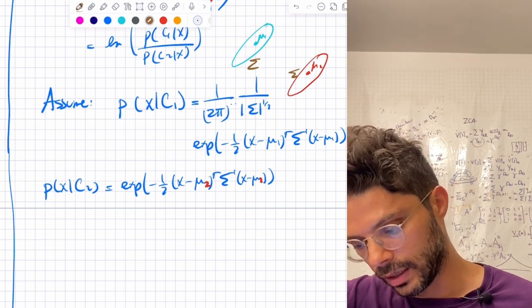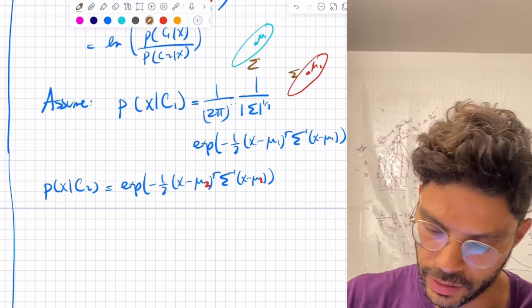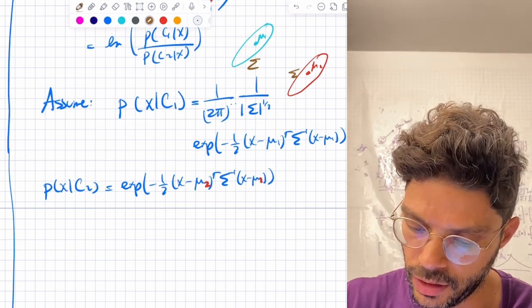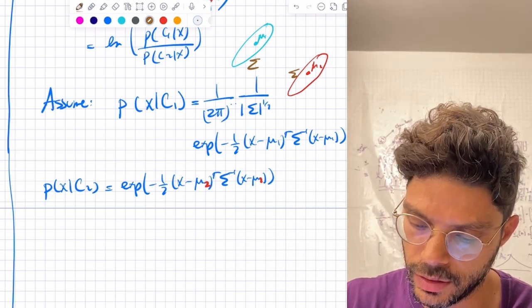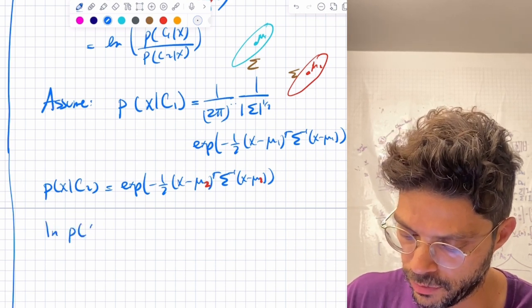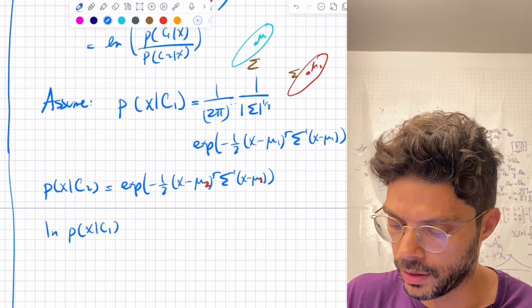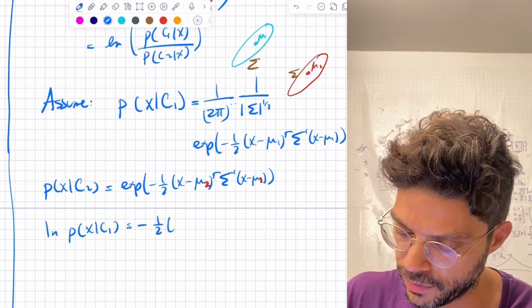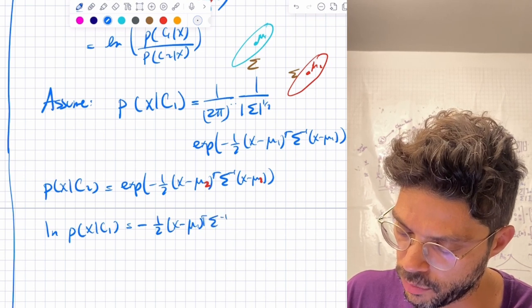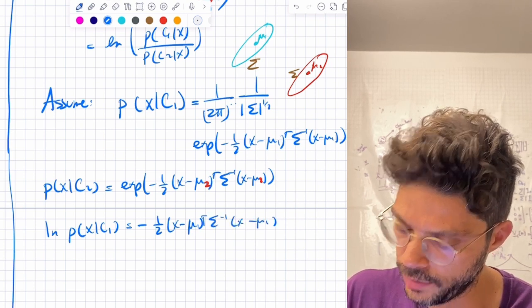Now the great thing is, let's just take the logarithms. So ln of P of x given C1, dropping the constants, is minus 1/2 of x minus mu1 transpose sigma inverse x minus mu1.